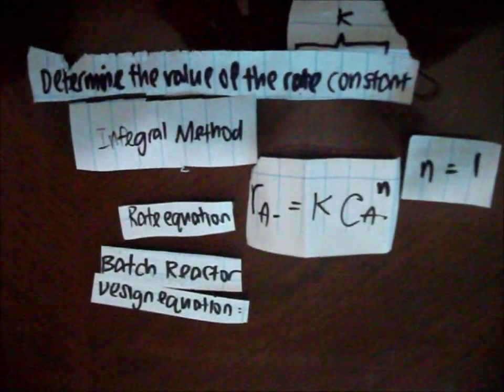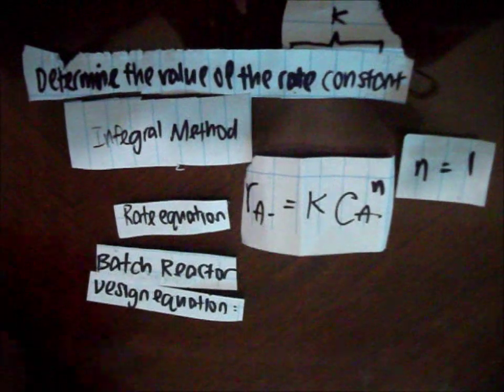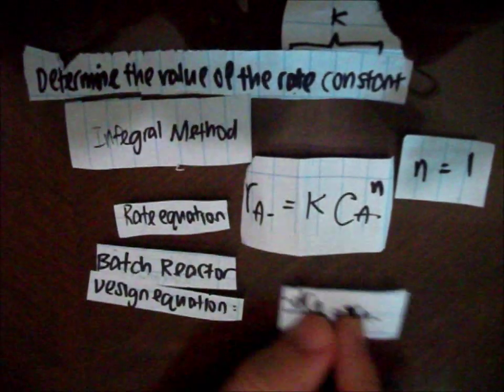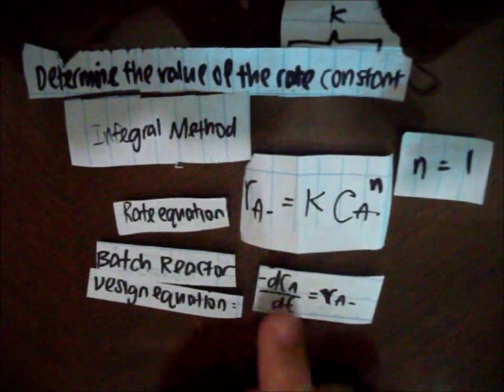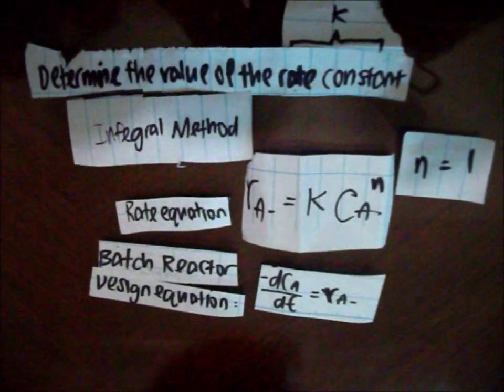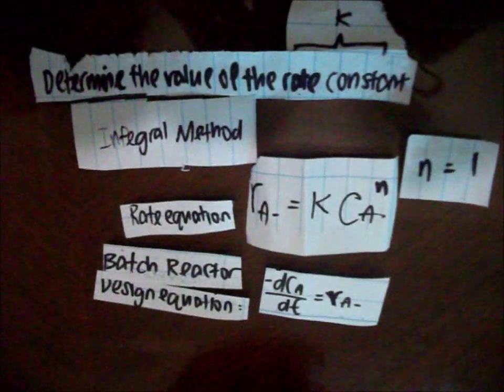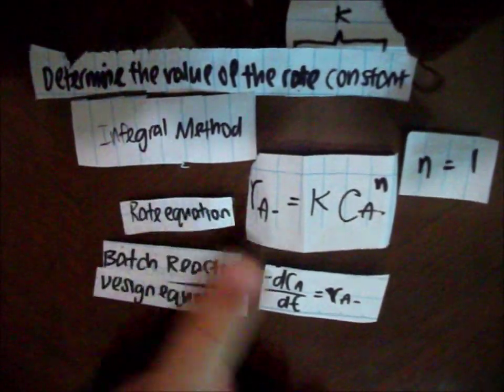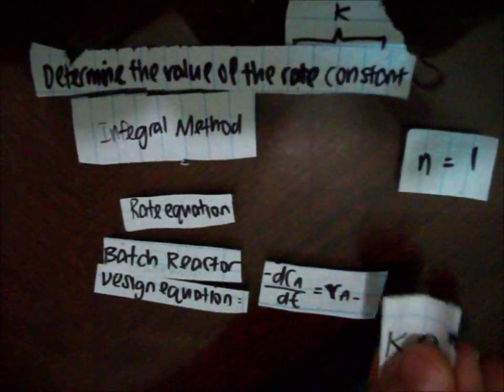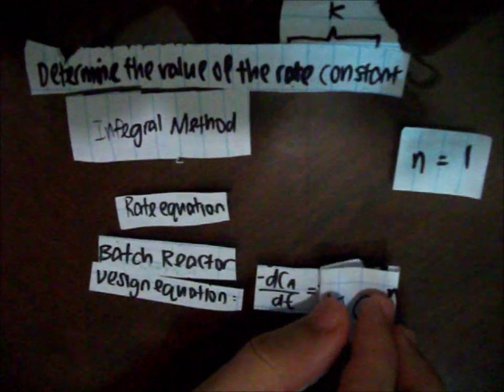We also need the design equation of the batch reactor, which is negative dCA over dt equal to the rate of reaction. If you have been paying attention, you can substitute the rate equation into the design equation. Basically, do this.